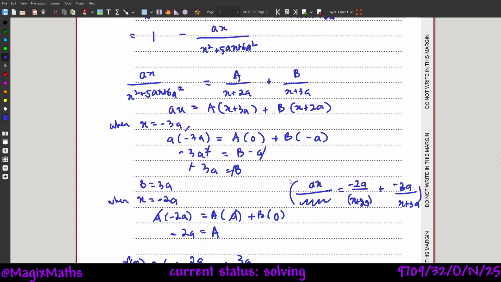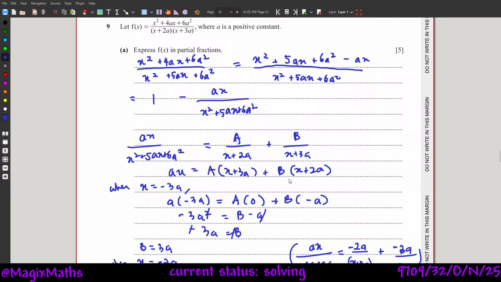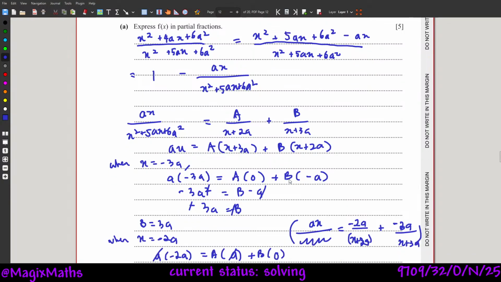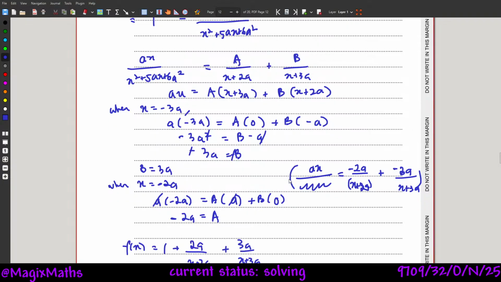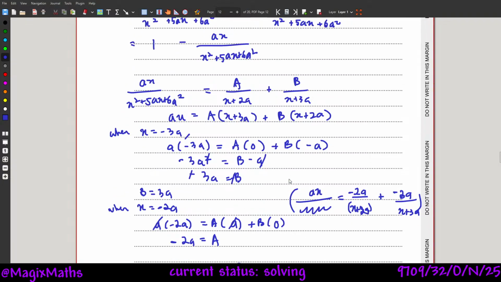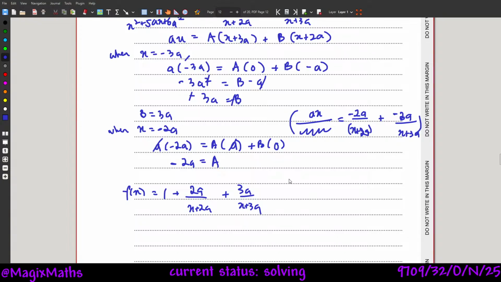Have I done something wrong? Oh wait, no, I didn't do anything wrong. So B is positive 3a. So then if it's negative, then it turns into negative 3a.